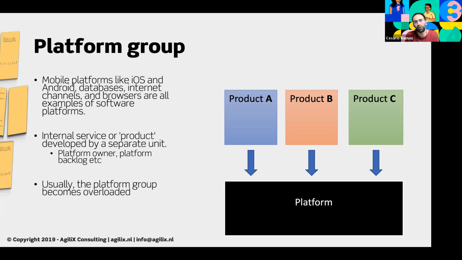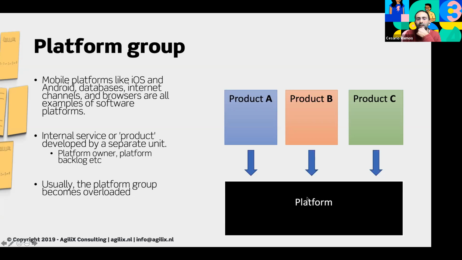And internally, if you are a big company, you have probably large internal platforms. And maybe there are 800 people working on that platform. And then it's pretty hard to say, well, we have to define the product and eliminate the 800 people group. That will probably not be very practical.